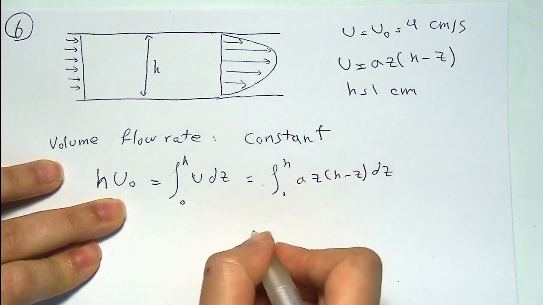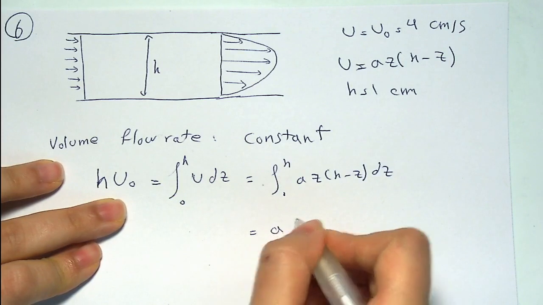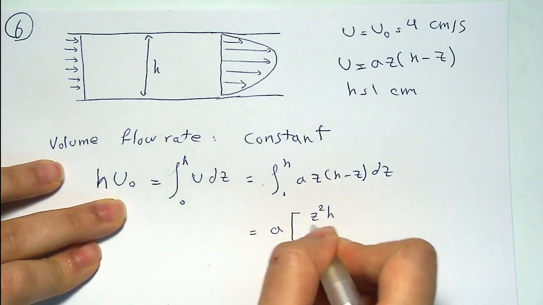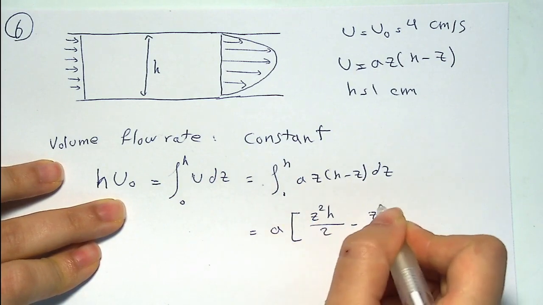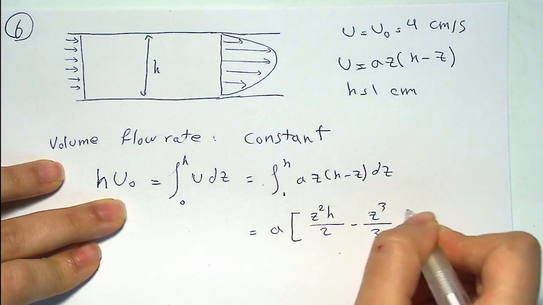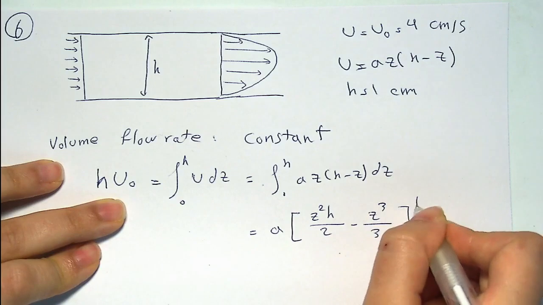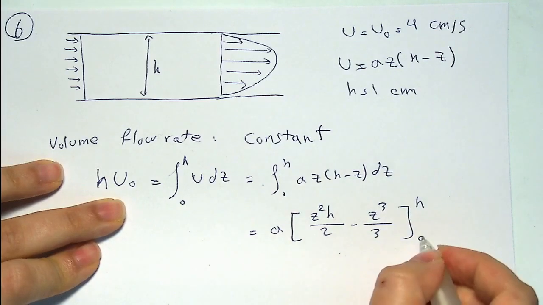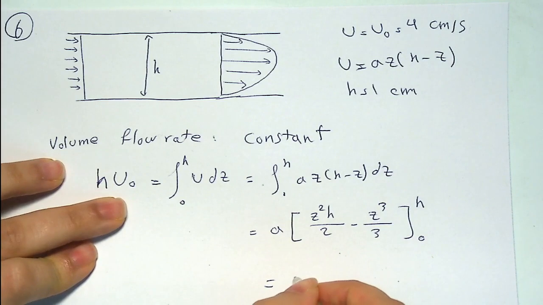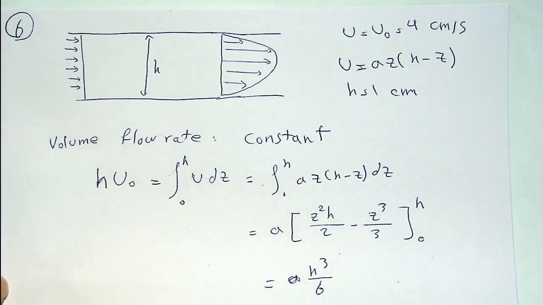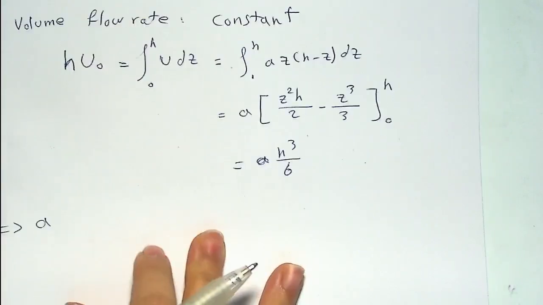And after integration, you would have a, pay attention that h is constant. So z is the only parameter here. And you integrate from 0 to h. So the h u0 would be equal to a h cubed over 6. Now you can calculate the a.